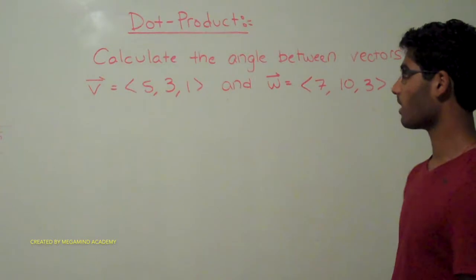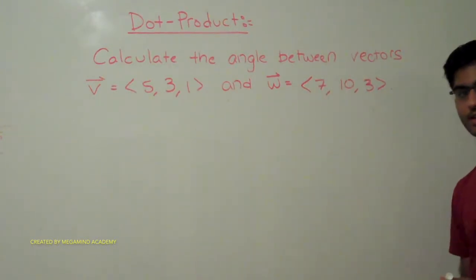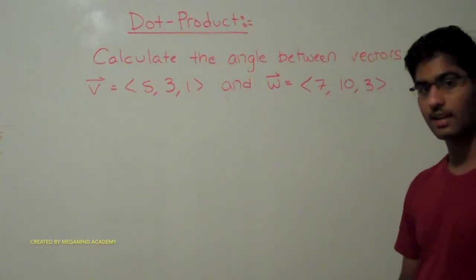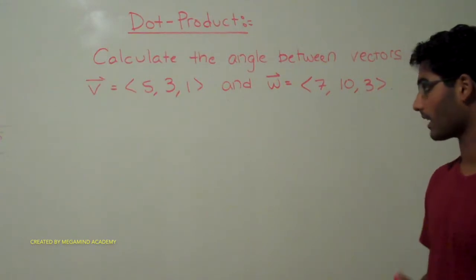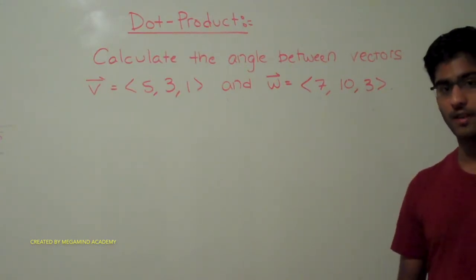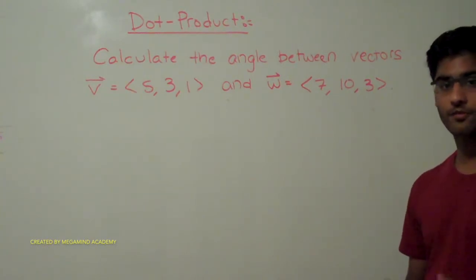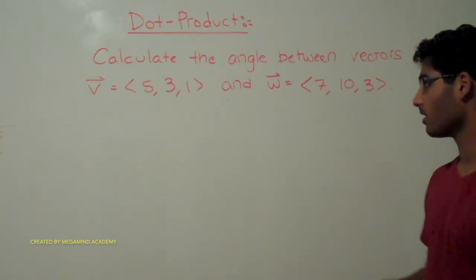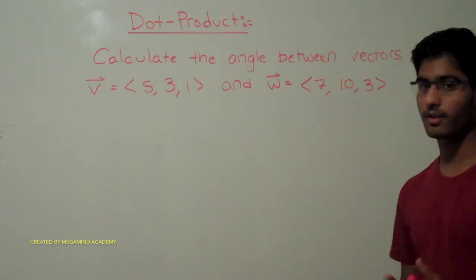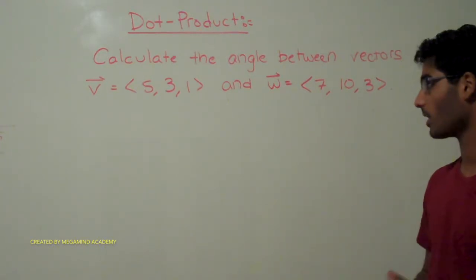Alright, so how do we calculate the angle between the vectors? We know that the second formula was the magnitude of vector A times magnitude of vector B times cosine of theta. So, we first have to find the dot product with the first formula.